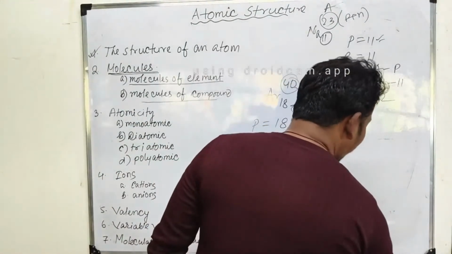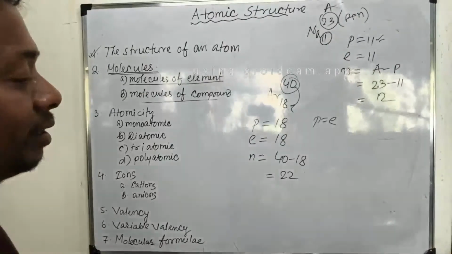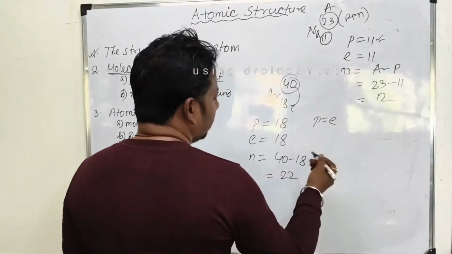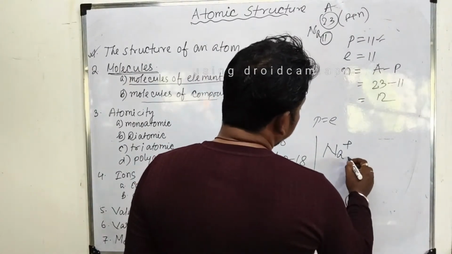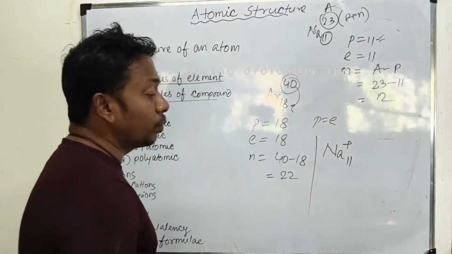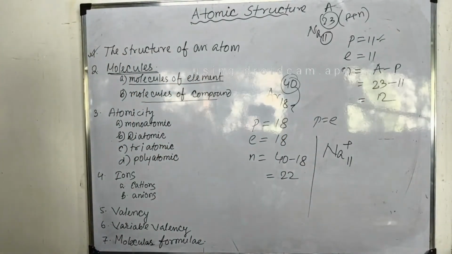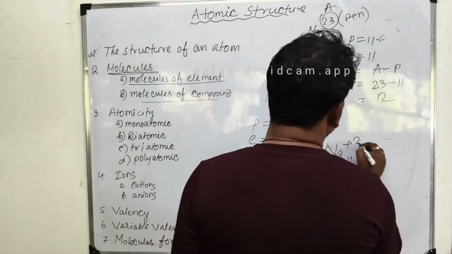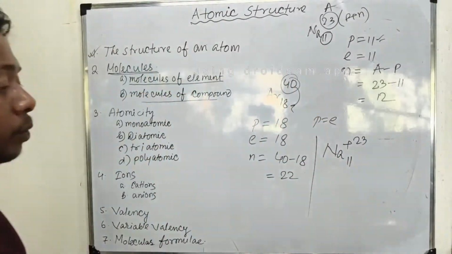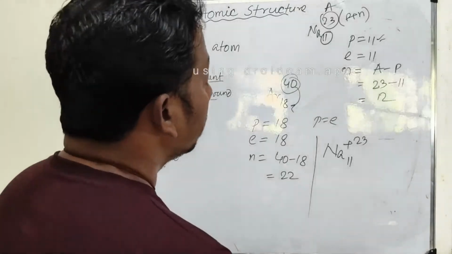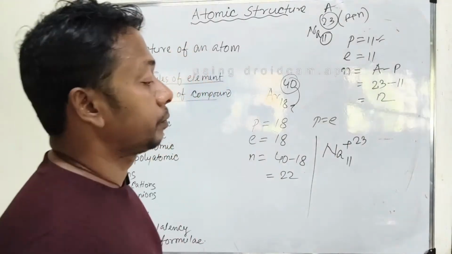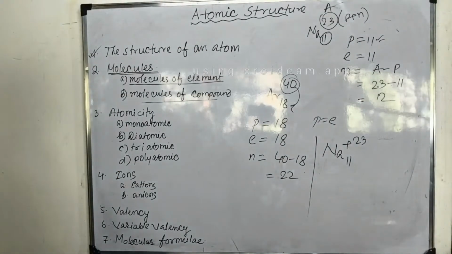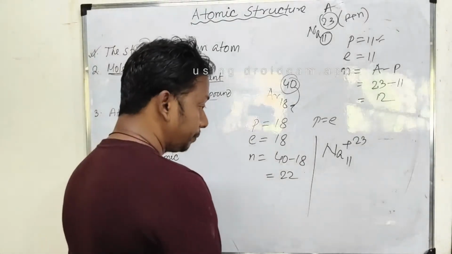Now I am going to give you some extra tasks that obviously belong to a higher level. Easy. Please find out for Na plus the number of protons, number of electrons, and number of neutrons. How many protons, how many electrons, and how many neutrons are there in Na plus? Can anyone find? Okay.